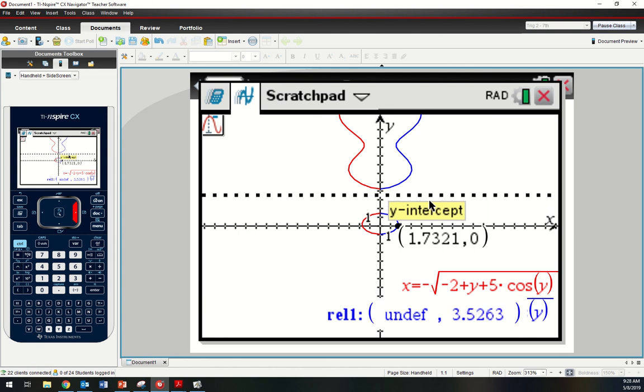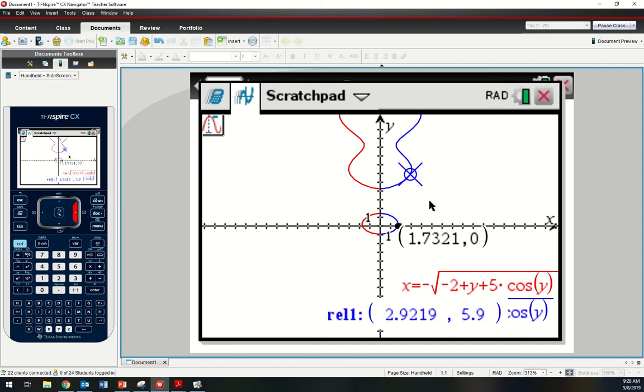Now I'm on the right part. I know it's going to be somewhere right here, but I don't know where.